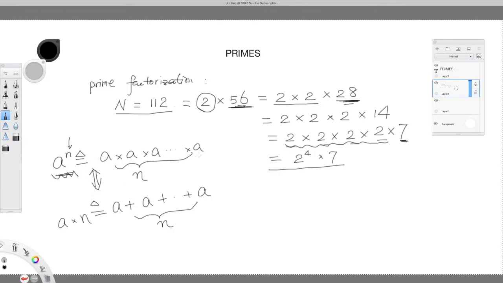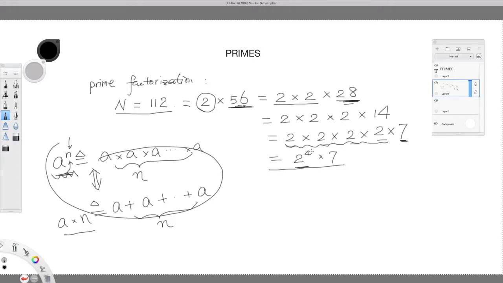When you have a lot of multipliers, you use the power. When you have additions of the same number, you use multiplication. So this part is just to give you what powers mean. You have 2 times 2 times 2 times 2, four 2's, so we write it as 2 to the power 4 times 7. That's one example of doing prime factorization.